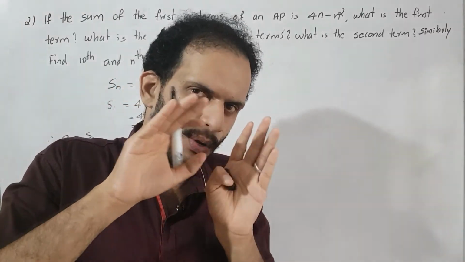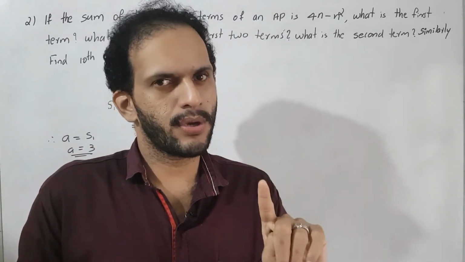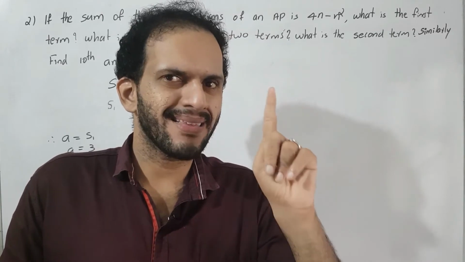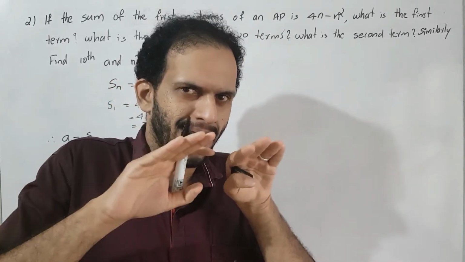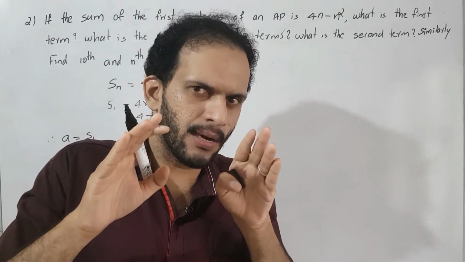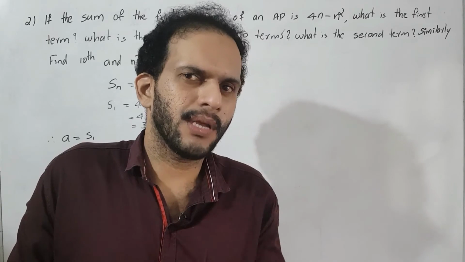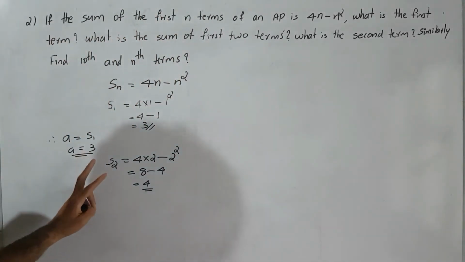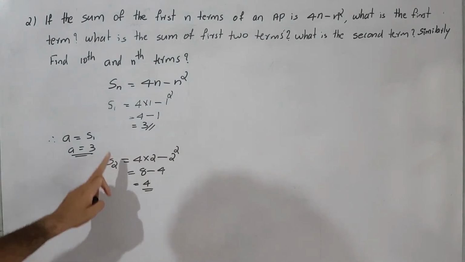Yes, if we know the sum, then how to find the term? We know the equation an is equal to Sn minus Sn minus 1. From the sum of the nth term, we subtract the sum up to the term just before it. So we know S2 and S1.